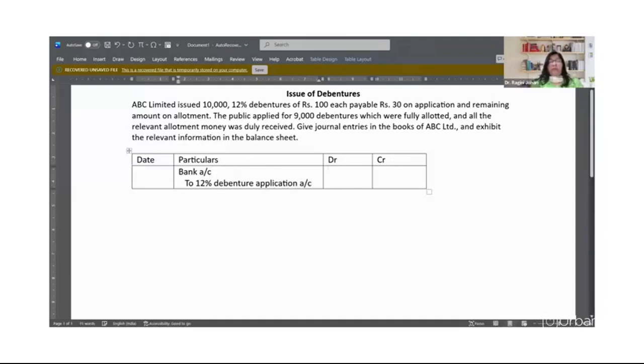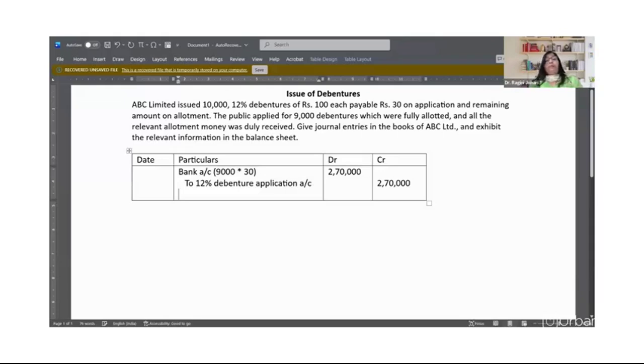The amount here would be 9,000 multiplied by 30, which becomes 2,70,000 and 2,70,000. Now, the narration for this: application money for 9,000 debentures received.